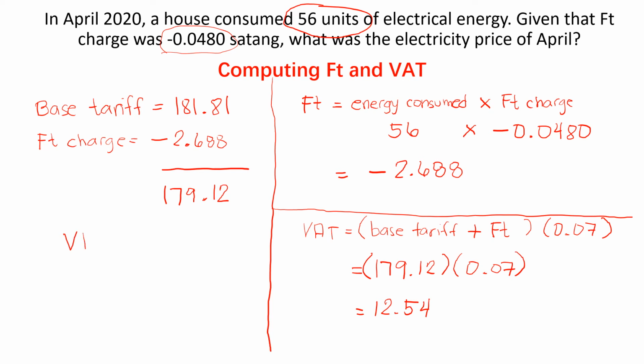So our VAT here, we're going to add here 12.54. So you will get an answer, you can pause the video again. Okay, so you will get an answer of 191.66. So this amount is your electricity bill for the month of April.